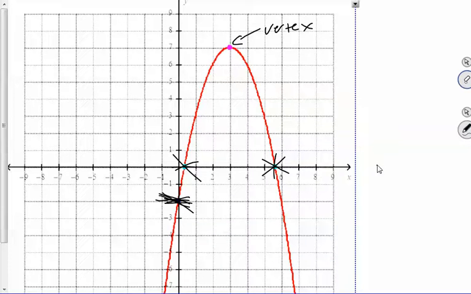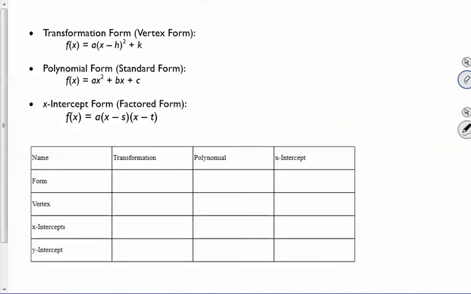Another thing you need to know is that every parabola has symmetry. There is the axis of symmetry, which goes straight through the vertex. Hopefully you recall that from a previous math course. Now, the other thing is the three forms. You've got the transformation form, also known as the vertex form: f of x equals a times x minus h quantity squared plus k.